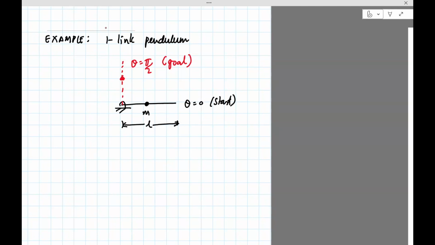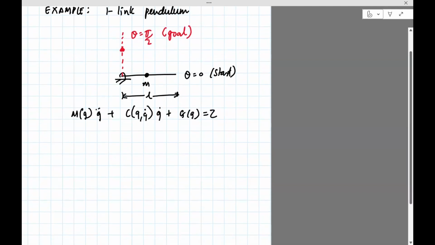For any system which is a serial chain manipulator, the equations of motion are always of this form, which you can compute using the Euler-Lagrange equation. We do know the equation of a pendulum like this.